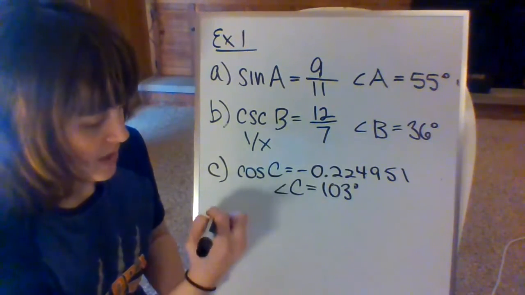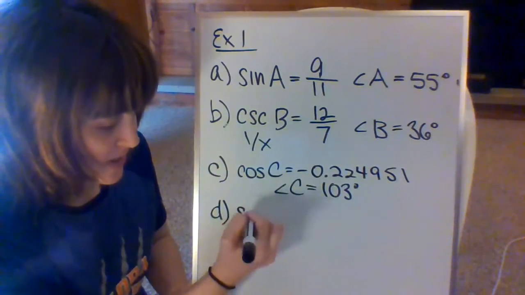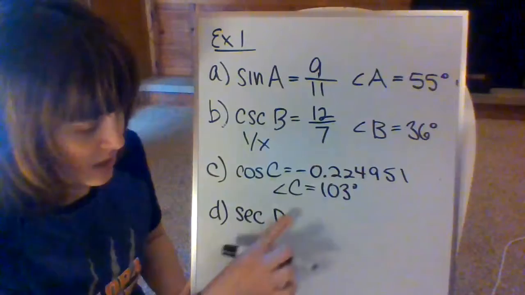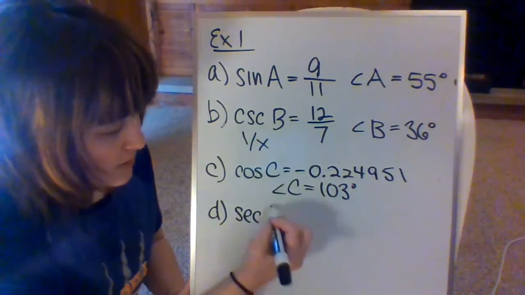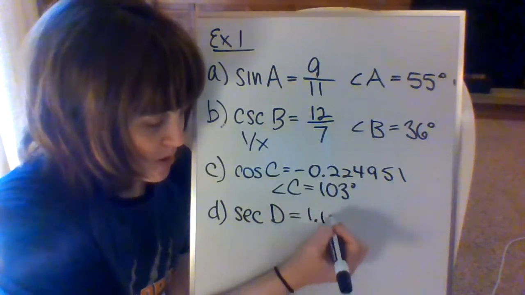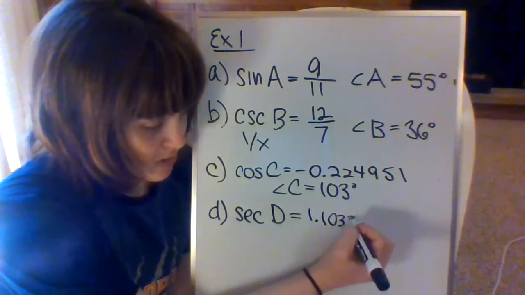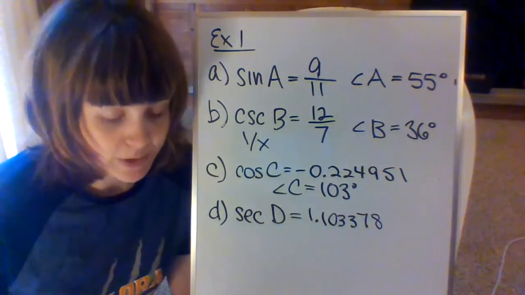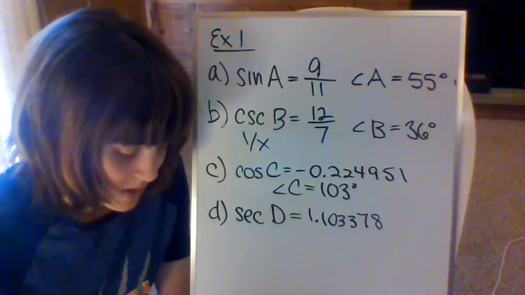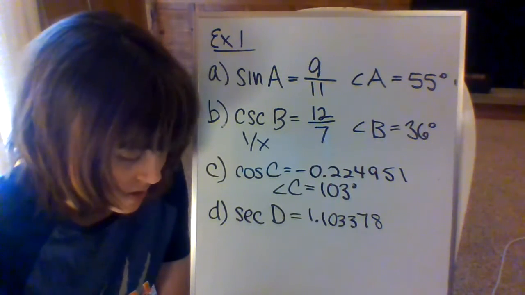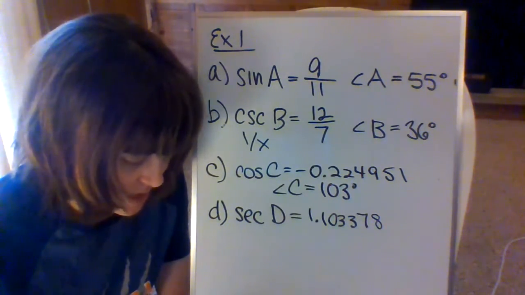Okay. Now, part D says secant, and if you remember, secant is the reciprocal of cosine. So that equals 1.103378. Alright, so we're going to type the decimal in first. So 1.103378.